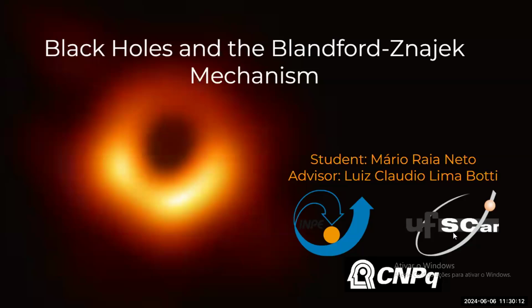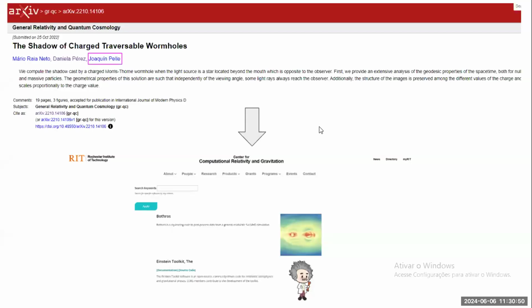So thank you, guys. Well, I'm an undergraduate student here from Brazil. I'm finishing my undergraduate studies, and I'm going to talk to you a little bit about rotating black holes and a mechanism to extract rotational energy from the core of the astrophysical region. So, first of all, a little bit about me, how I found you guys, how I found the Einstein Toolkit.